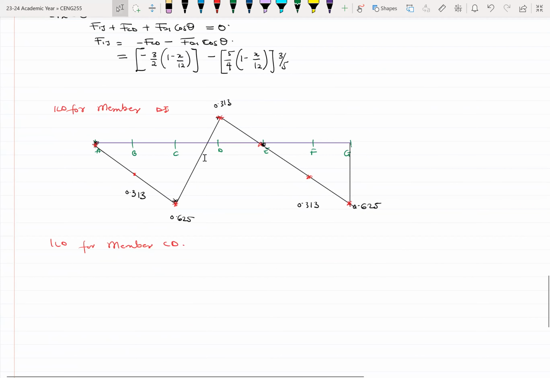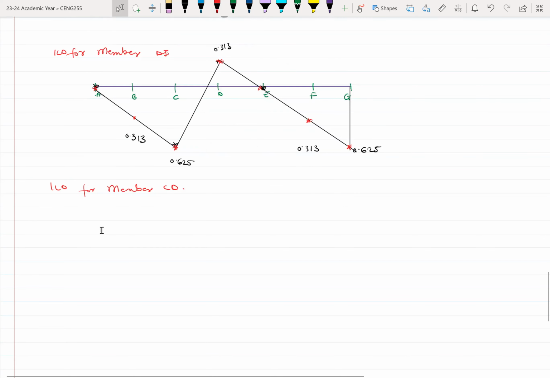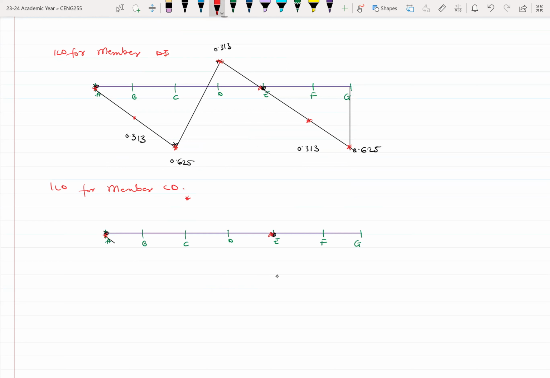Oops, take this guy away. Let me just be lazy, copy this and bring it down here. With that one, when you draw for CD, it goes all the way up here. It goes through 0 at this point, then it comes back higher. So you should end up with a diagram like that.